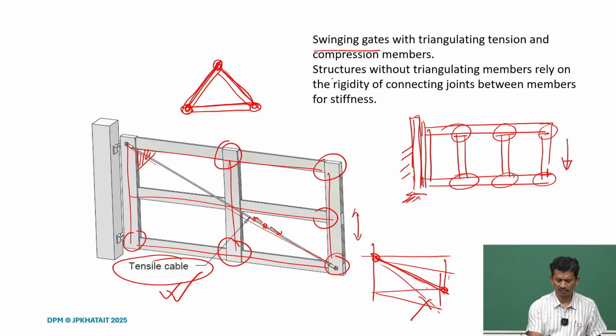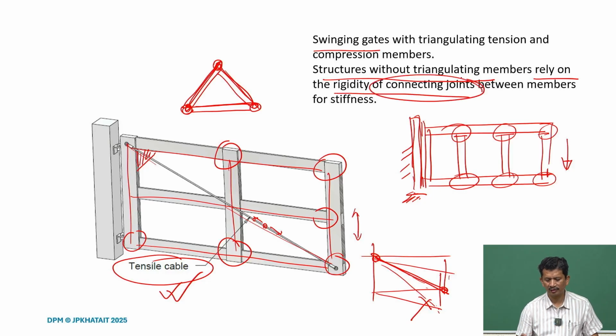A structure without triangulating members has to rely on the rigidity of the connecting joints, that is very important. But if it is triangulated, this is not required anymore. So, it is very important to understand this part.